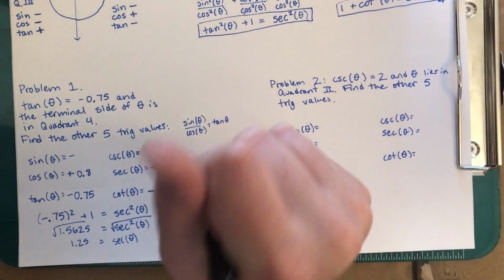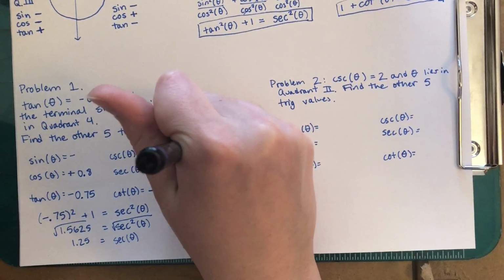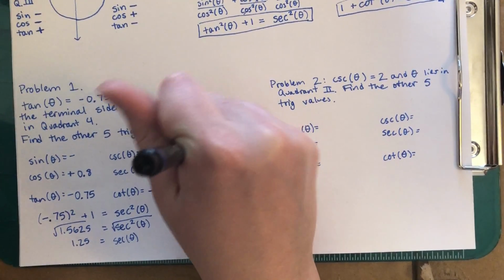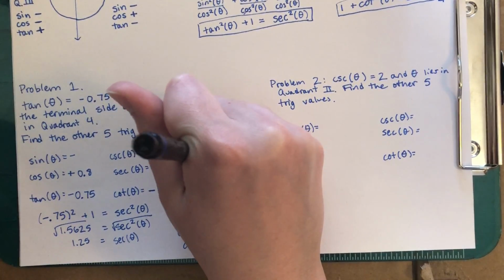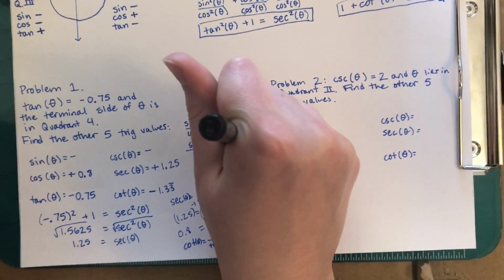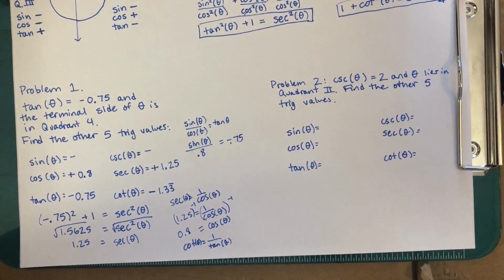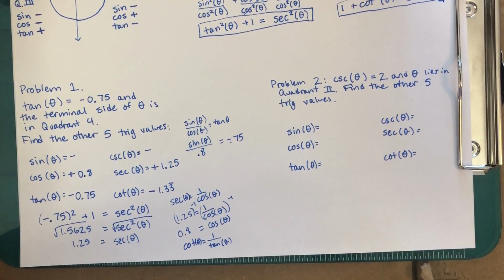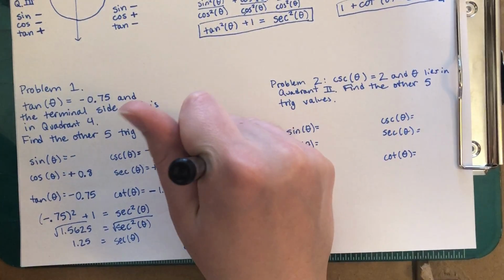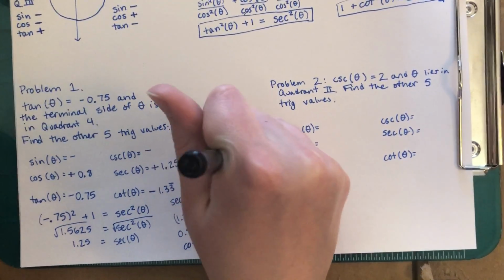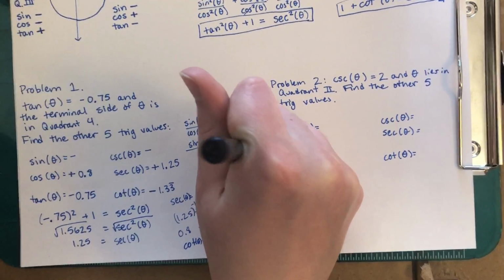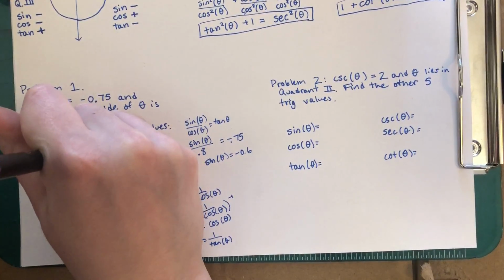So sine of theta over 0.8 equals negative 0.75. To solve for sine, I'll multiply these two things, and I get sine of theta equals negative 0.6.